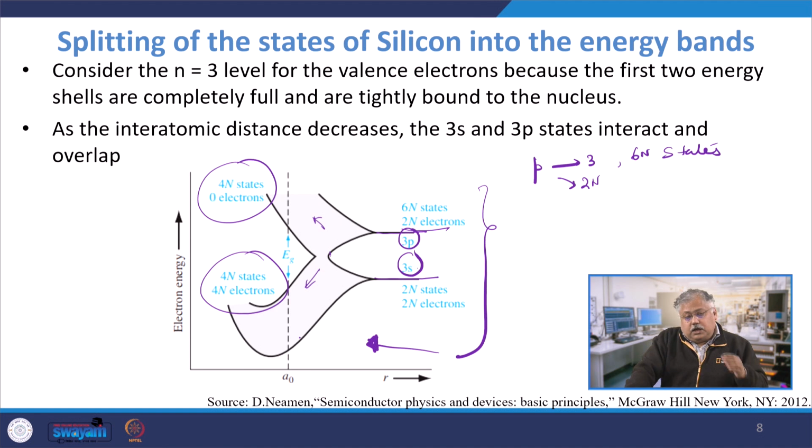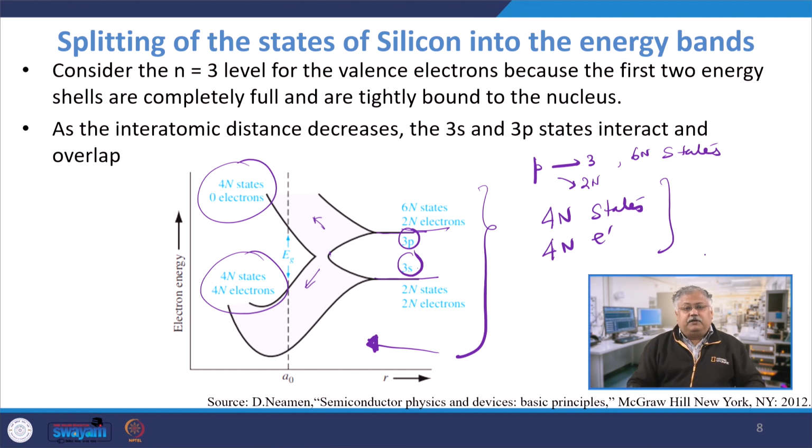But the interesting point is, since there is always a requirement that everything should be occupied in the minimum energy state, all the available electrons, both from P and S, get occupied in the 4n states. So in the energy scale, when you go down, there are 4n states and 4n electrons available. So all the 4n states are fully filled up with electrons.